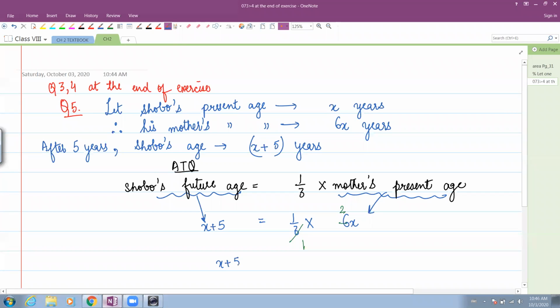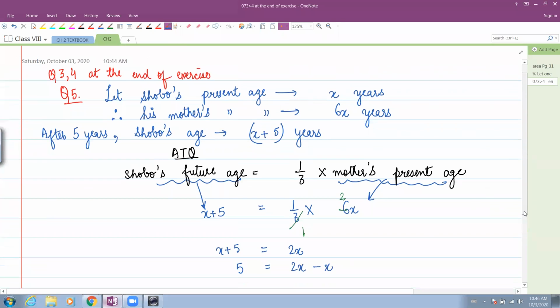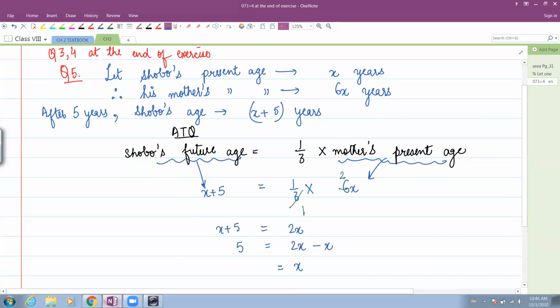This will be x plus 5 equals 2x. I'm keeping 5 here. I'm sending x from here to the other side. x is equal to 5.